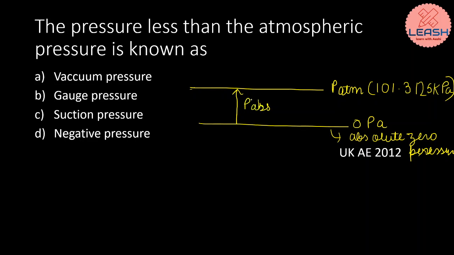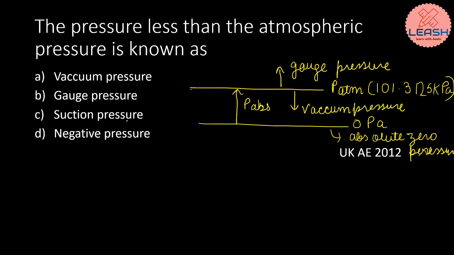Whereas if I consider the atmosphere as the reference, it will be something like this. Means considering atmosphere as the reference or the datum, what is the pressure? If it is more than atmosphere, I will call it gauge pressure. If it is less than atmospheric pressure, I will call it vacuum pressure. So these are nothing but the different names of pressure with respect to what your datum or reference point is.